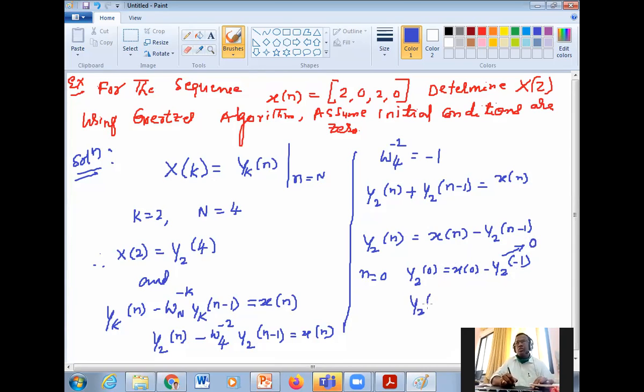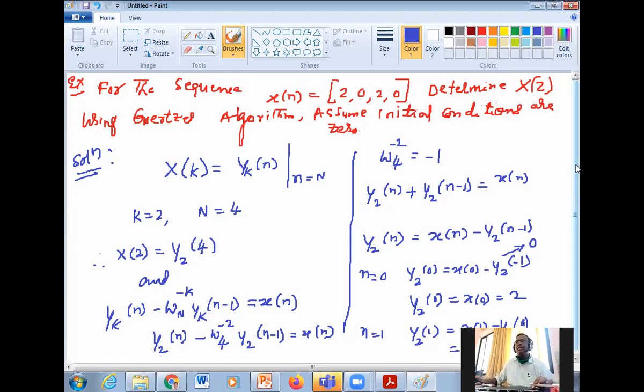So y2 of 0 is equal to x of 0, which is 2. Likewise, at n equals 1, y2 of 1 is equal to x of 1 minus y2 of 0, which is 0 minus 2, so it equals minus 2.